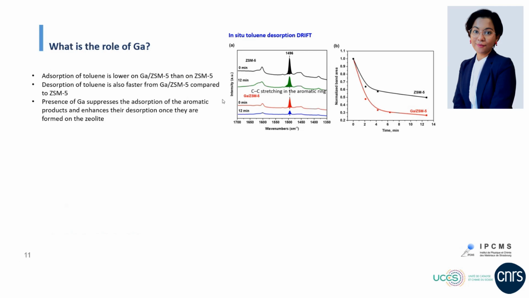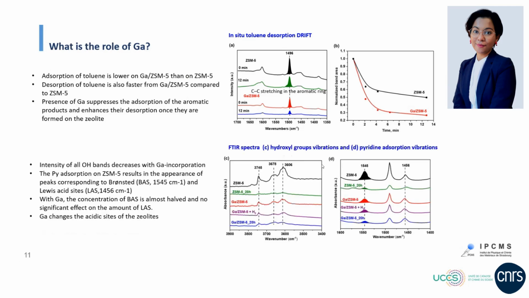And if we look at the residual signal of toluene over time, we can see that the desorption of toluene is faster on the gallium incorporated sample compared to ZSM5. So clearly, this demonstrates that the presence of gallium suppresses the absorption of the aromatic products and enhances their desorption once they are formed on the zeolites.